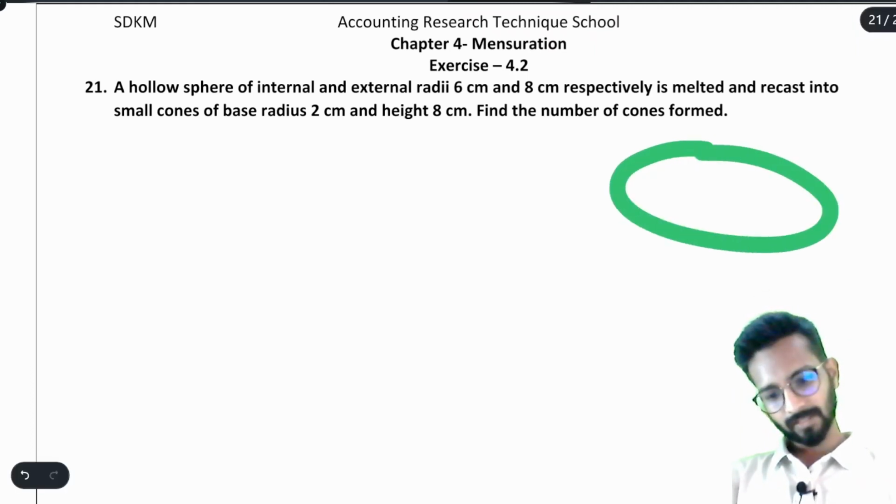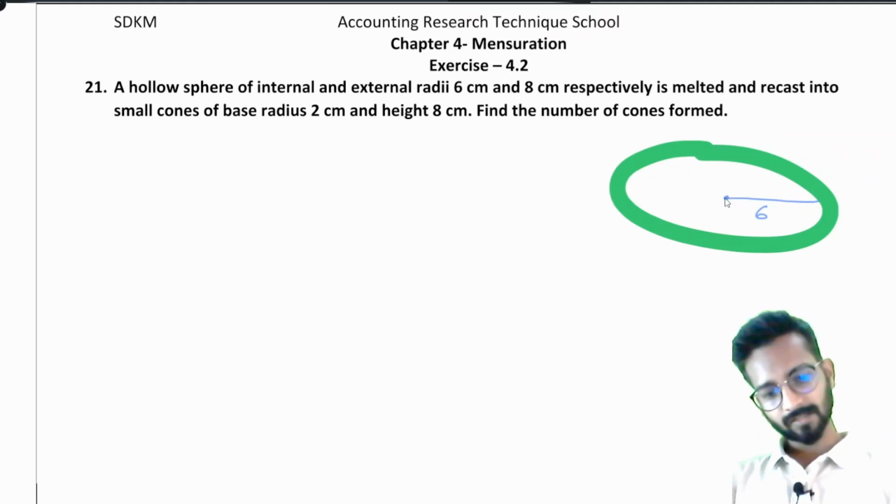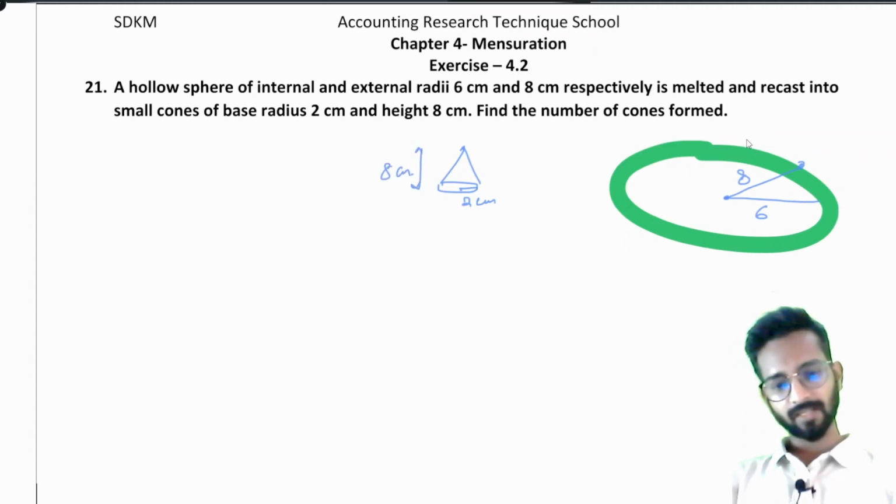Now internal radius is 6, external is 8, external means this till here, it will be 8. Now it is melted and recasted into small cones of base radius 2 centimeter and height 8 centimeter. Find the number of cones formed.